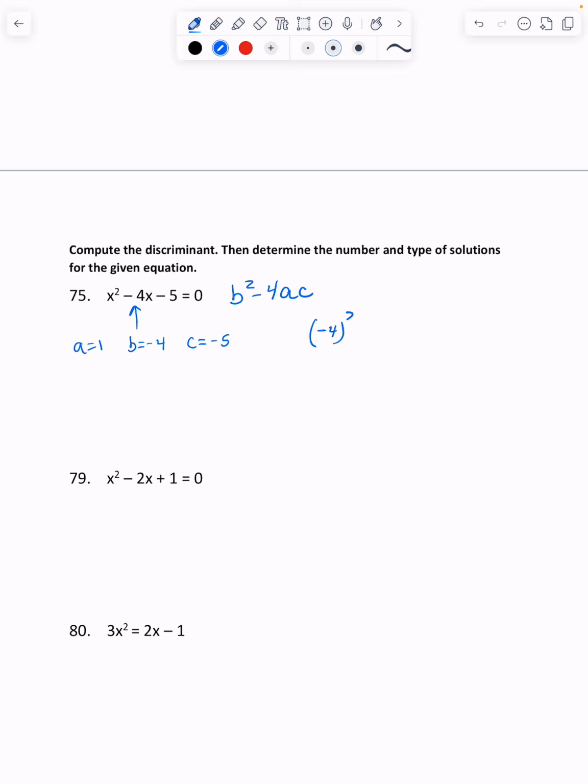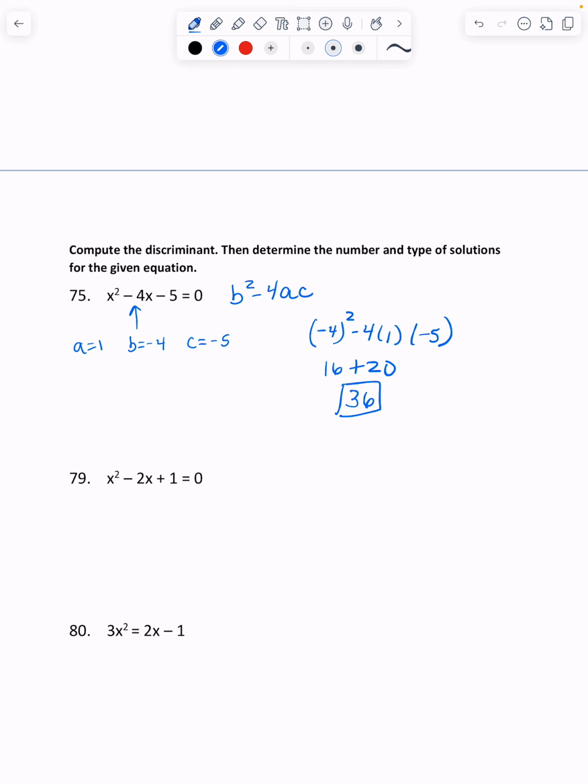Negative 4 squared minus 4 times 1 times c. Negative 4 squared is positive 16. And do your order of operations correctly. Negative 4 times 1 is negative 4. Negative 4 times negative 5 is positive 20. The discriminant is 36.